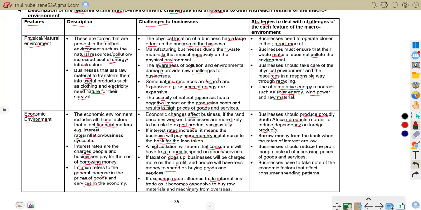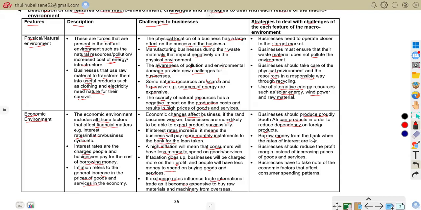So what we are saying here is to produce local products. Reduce depending on imports. So make local clothing instead of importing it from abroad.